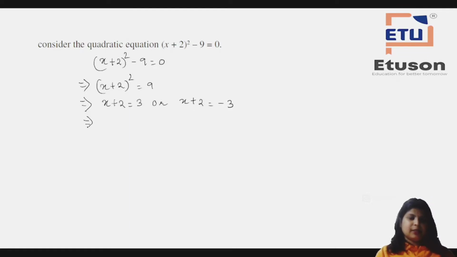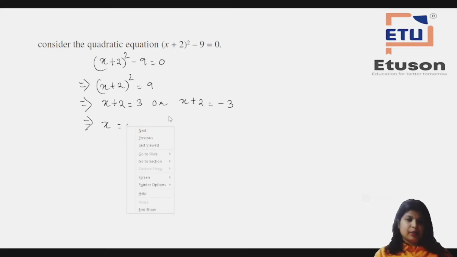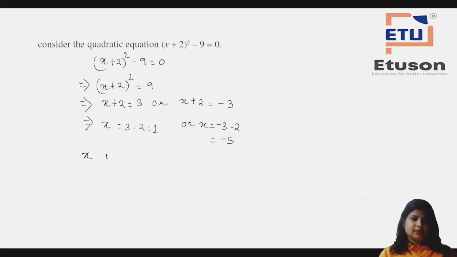So in this case, what will be the value of x? x will be either 3 minus 2, that is 1, or x will be equal to minus 3 minus 2, that is minus 5. So x is 1 or minus 5.